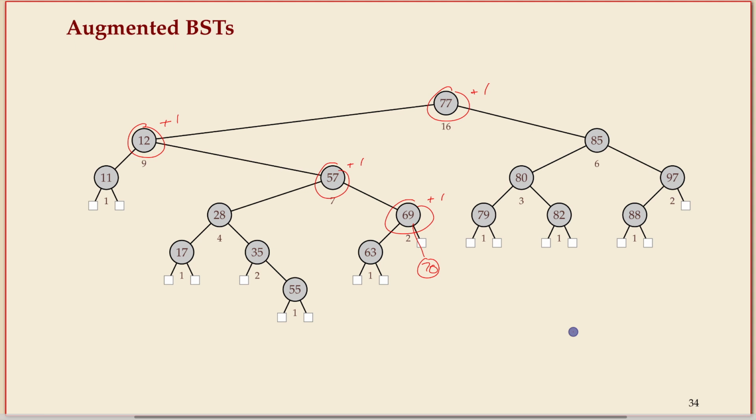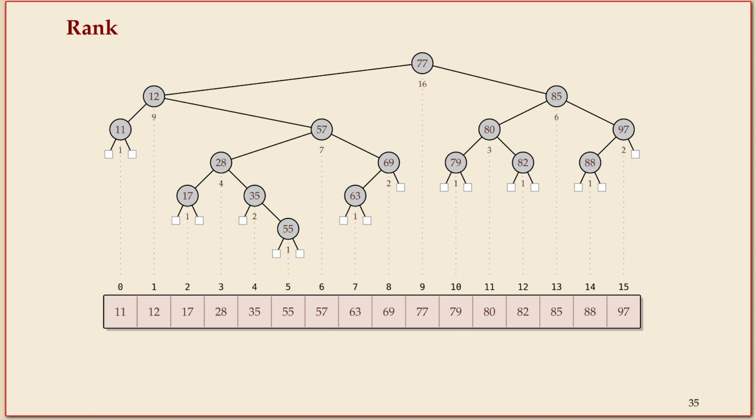So how can we use this for our operations? Let's do an example for rank. We're trying to find the rank of 35. As always in a binary search tree, we'll start with a search because that's pretty much the only thing it can do.